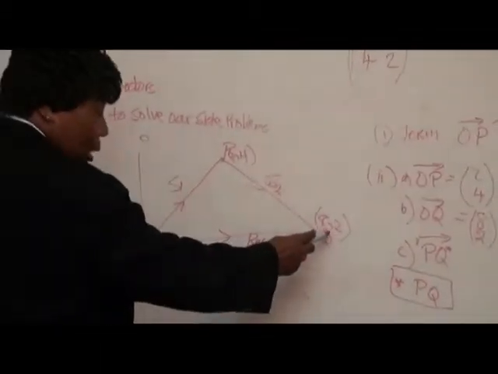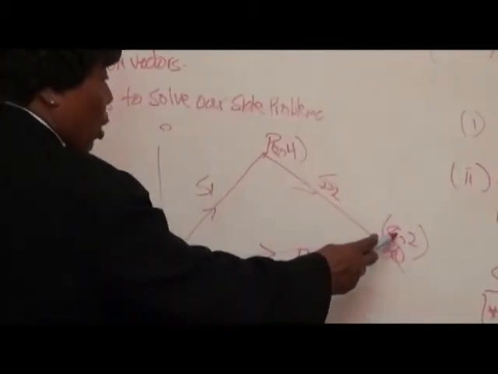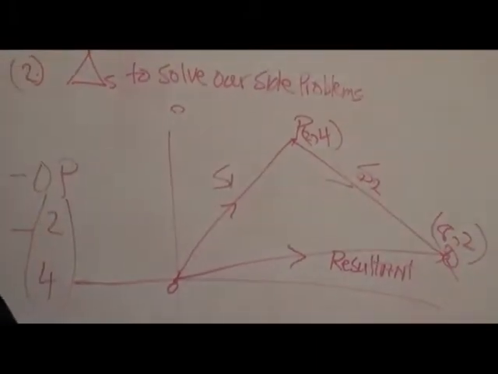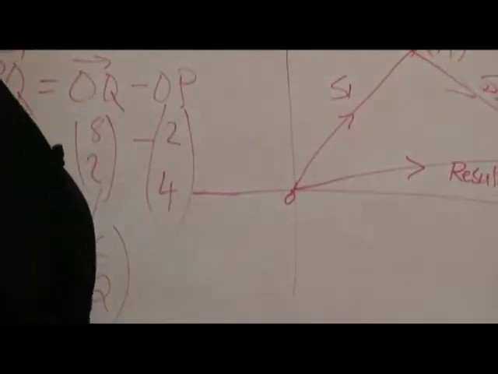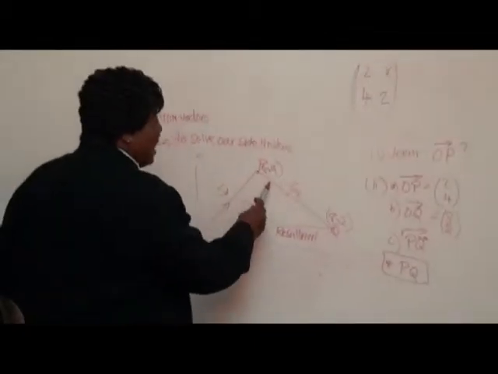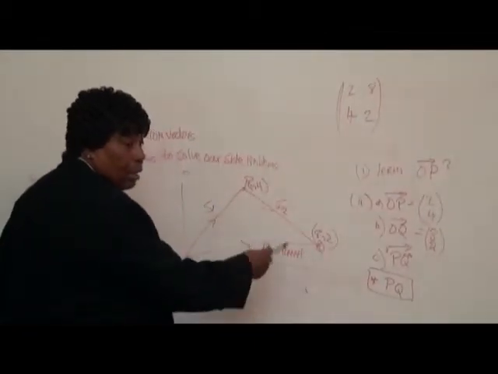You started with this first bracket, so you continue with the first bracket: 2 minus 4 gives you negative 2. So that is another way you can do it, because it's a distance you're finding.